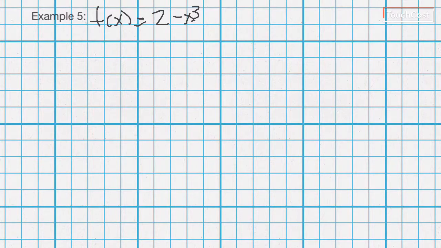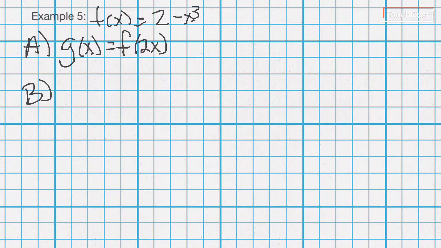And we're going to graph, or compare the graphs, of A being g of x is equal to f of 2 times x. And then in B, we're going to look at h of x being f of half of x, and how those affect the graph.